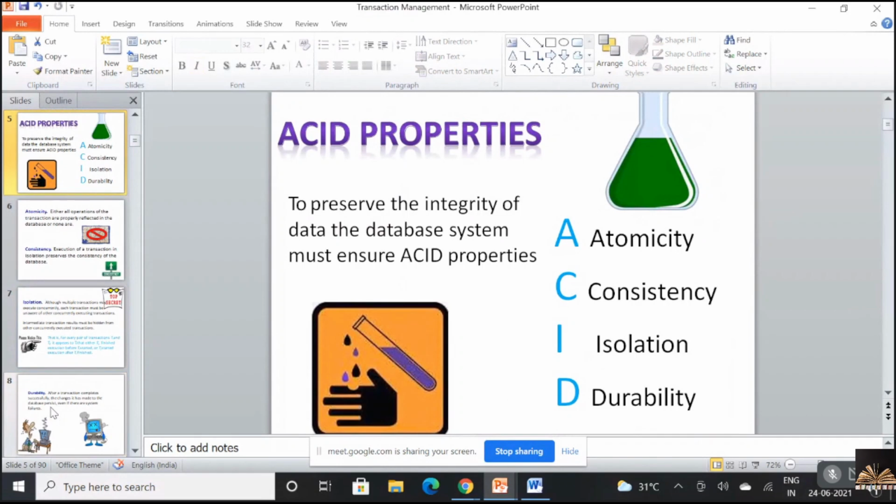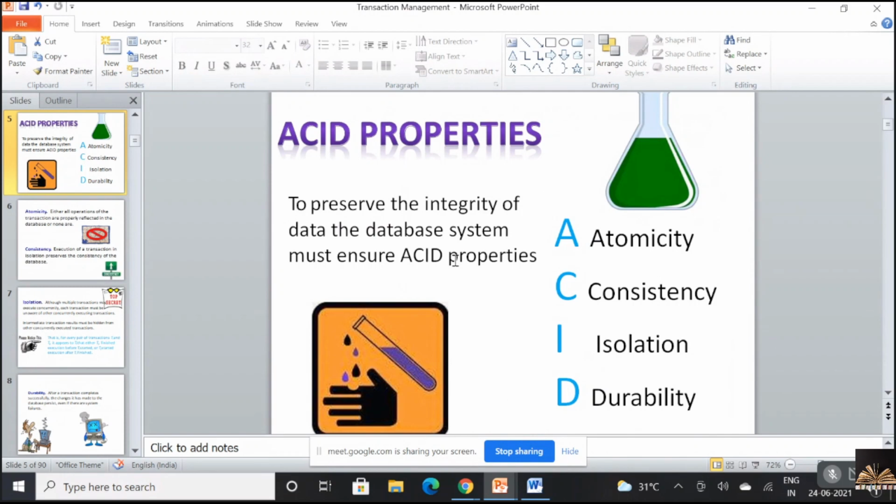Then you have got certain properties with respect to transactions. These are called your ACID properties, not the acid you use in your chemistry lab. It is something different. To preserve the integrity of the database system, we must ensure ACID properties.